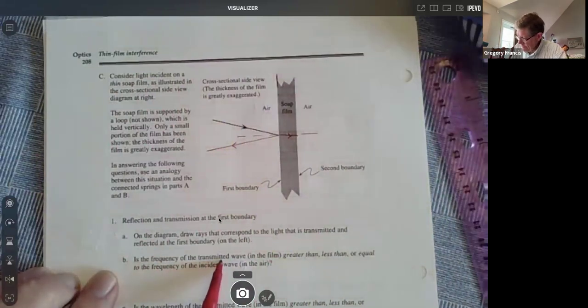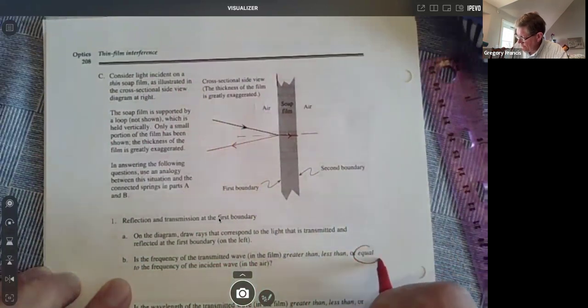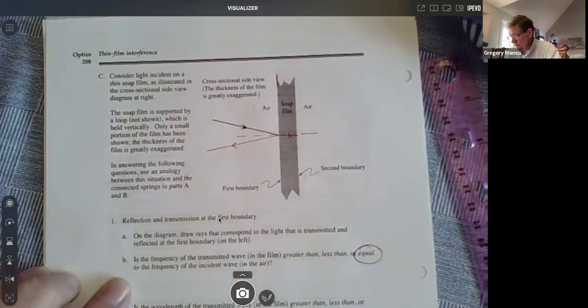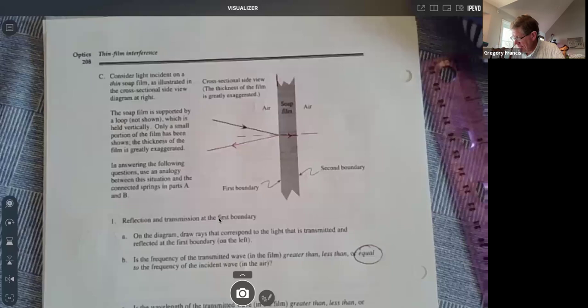Is the frequency of the transmitted wave in the film greater than, less than, or equal to the frequency of the incident wave? Well, that is equal to. We found that in Physics 105 that if I sent a wave into the water, say from a boat, trying to attract my friend Flipper, that every time that wave slapped the surface of the water, with the wave fronts, it would send another disturbance into the water.